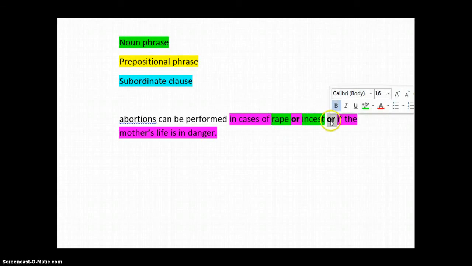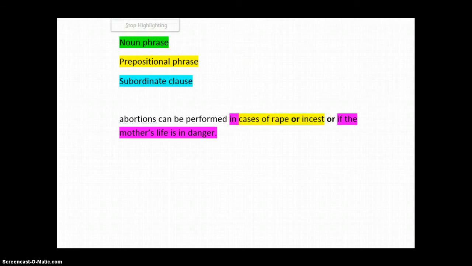This or is doing another job. It's joining this entire adverb-like phrase and this entire adverb-like phrase. And in fact, I should probably give that a label here. Adverb-like phrase.